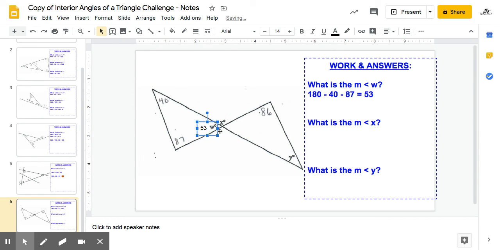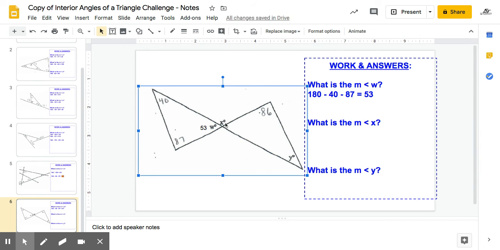Okay, I am now going to look for the measure of angle X. Angle X is not inside of a triangle here, so I can't use my interior angle of a triangle rule. But if you notice, angle W and angle X are supplementary angles. They are on this straight line right here.